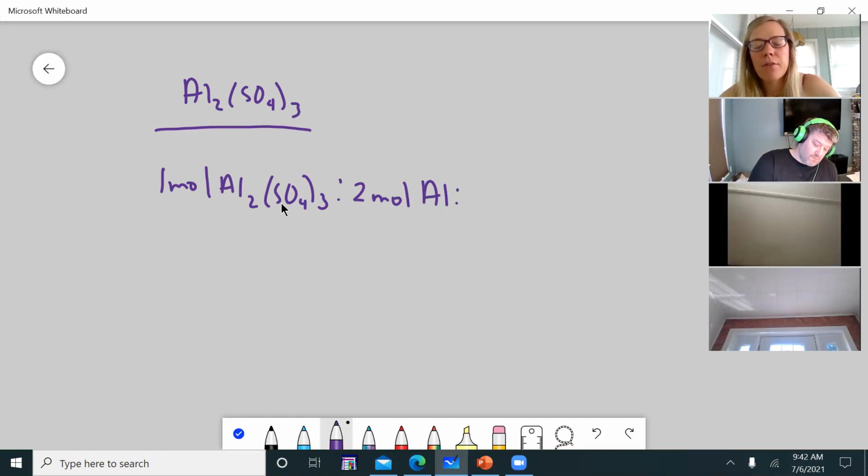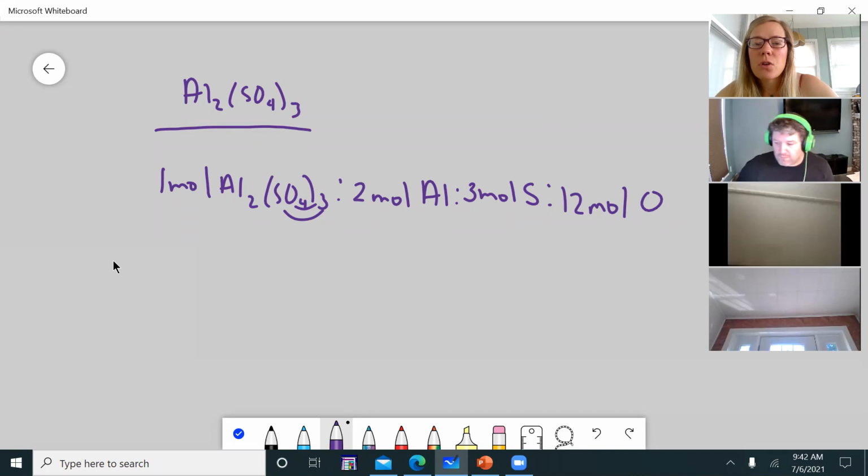What else do we have packed away in here? We have 3 moles of sulfur because the 3 gets distributed to both things. So 3 moles of sulfur. And we get 12 moles of oxygen because we always want to multiply our subscripts within the formula. So this is the ratio.